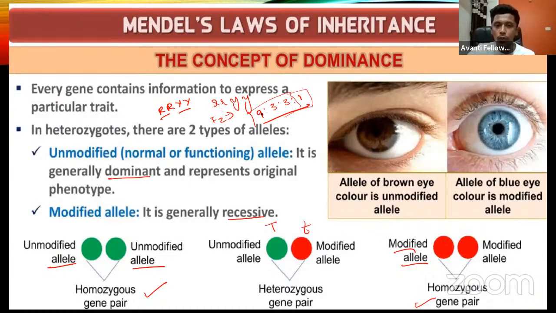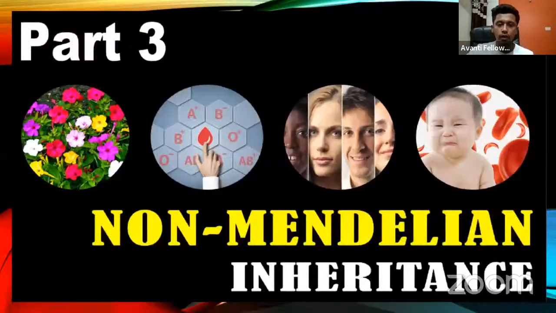That is how we got 9:3:3:1. So we talked about independent assortment, but there were many cases where Mendelian genetics was not applicable, or was not followed. Those cases we will discuss right now. That is non-Mendelian inheritance.